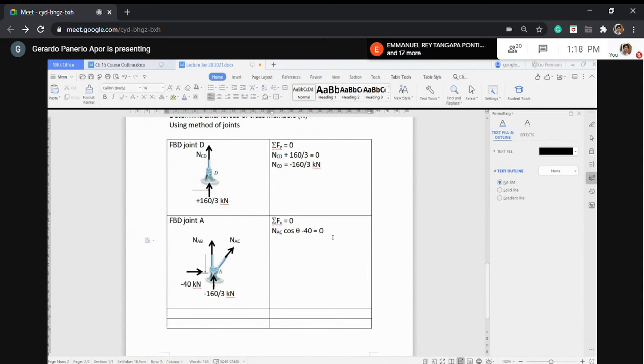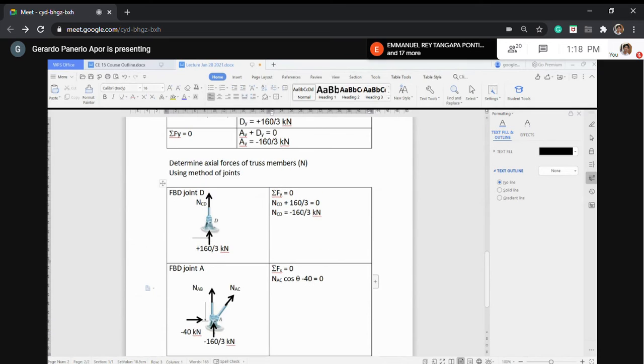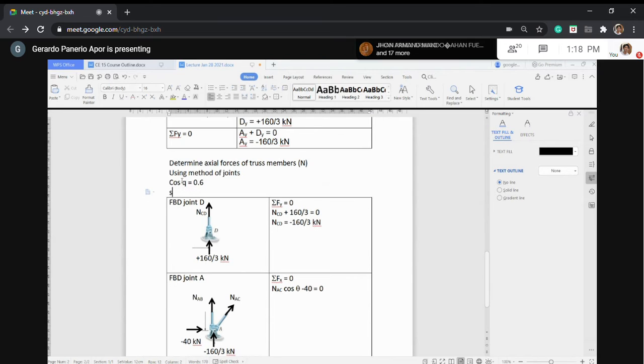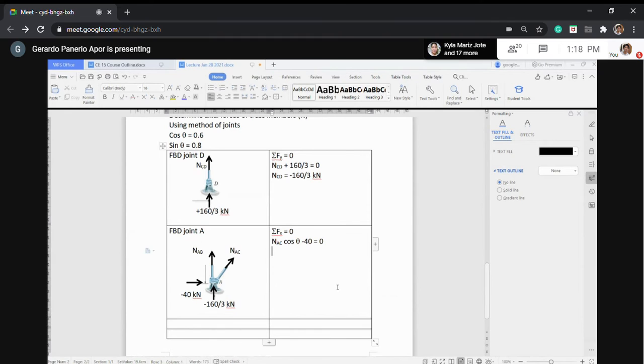But we know that cosine of theta, here we will define first: cos of theta is equal to 0.6, while sine of theta is equal to 0.8. So we have here 0.6 N_AC is equal to 40.